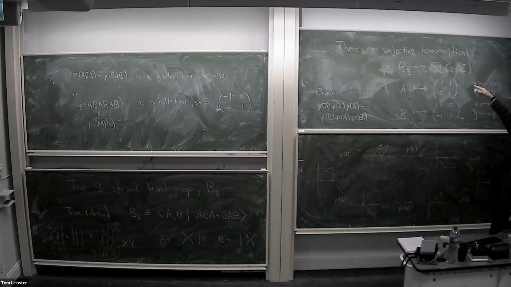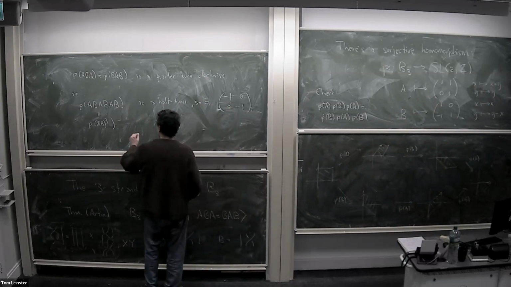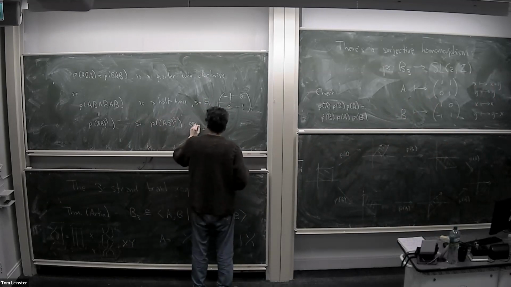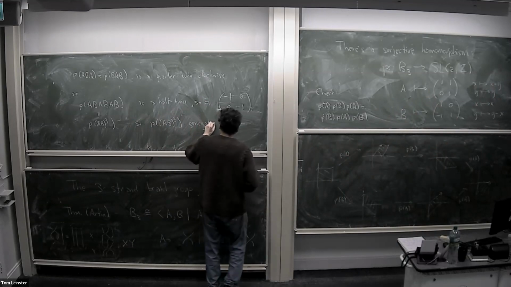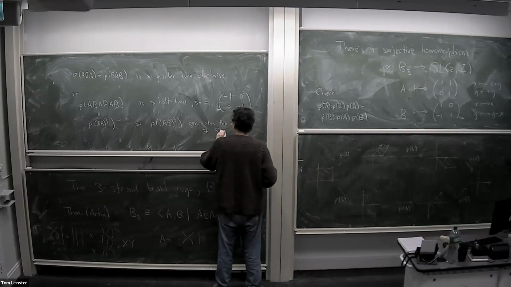And in fact, the center of SL2Z is just the identity and negative the identity. Those are the only matrices in there. So this thing plays a special role. It generates the center of SL2Z.